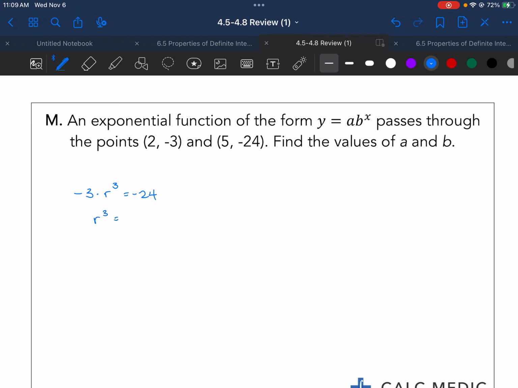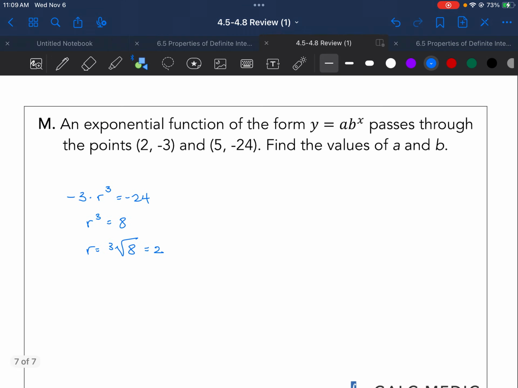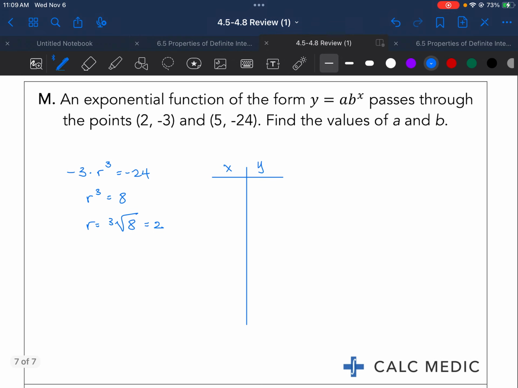Divide both sides by -3. -24 divided by -3 is 8. Take the cube root. The cube root of 8 is 2. Okay? The cube root of 8 is 2. So if I'm thinking about a table here, this is x, this is y.